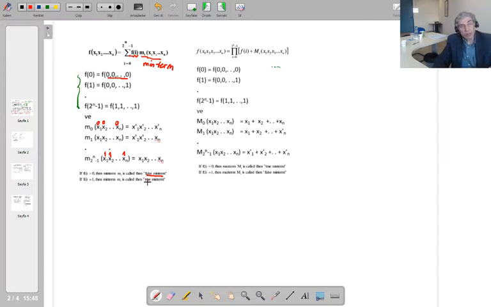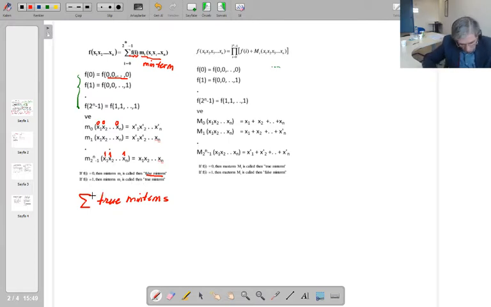Conclusion from that is this. How are you going to write a function in this form? It's easy. You're going to write the summation of true min terms, because false min terms are going to disappear.